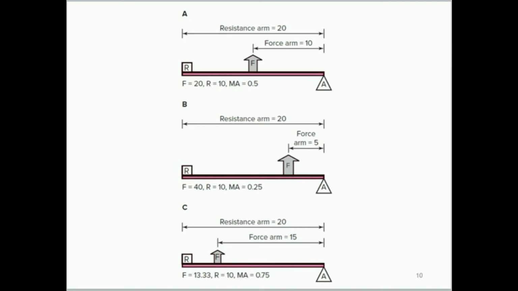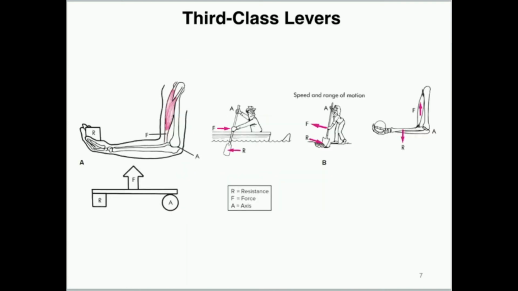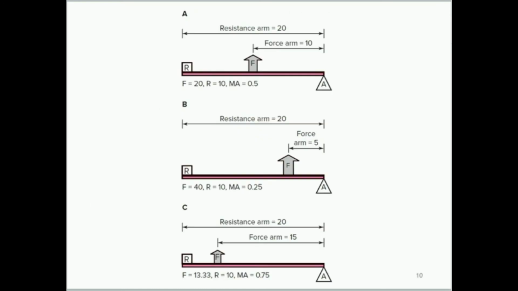If we move the force, so in other words, the attachment of the muscle, much closer to the axis of rotation, like we have in the bicep, in the elbow, what you'll notice is that if the resistance is still 10 newtons, I have to provide even more force, 40 newtons.